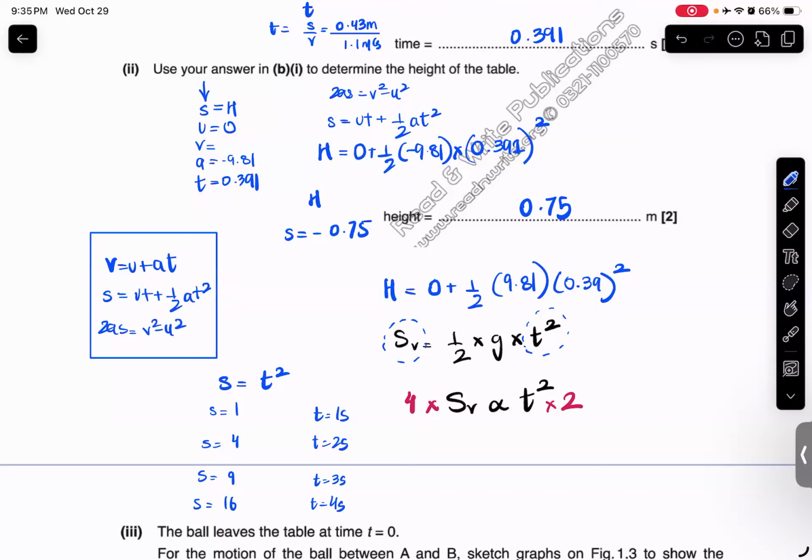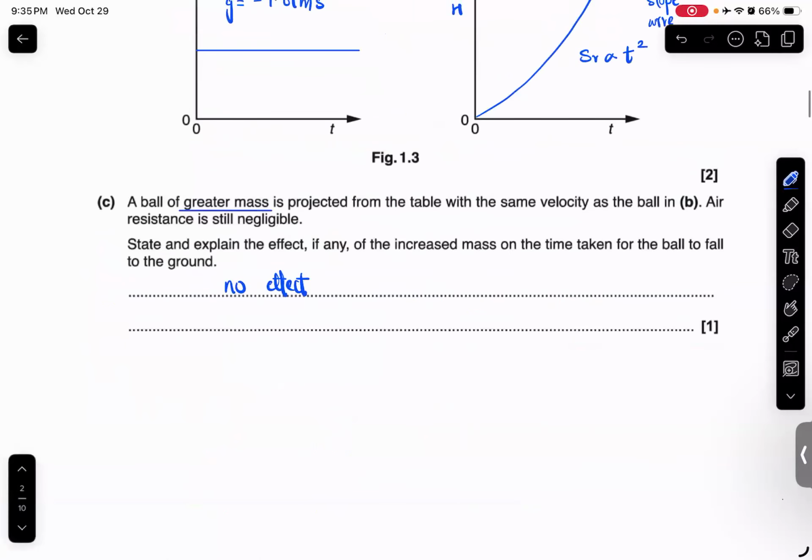None of them have mass. There is no mass in any single equation of motion. So that means there is no effect due to no m component in any equation of motion.